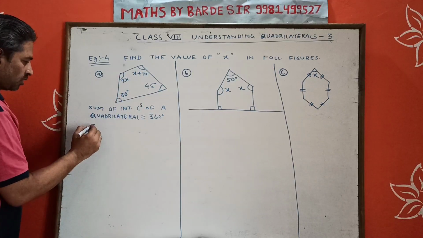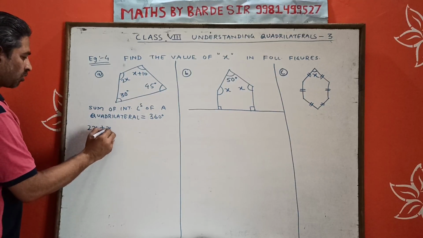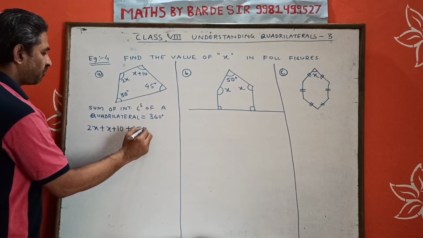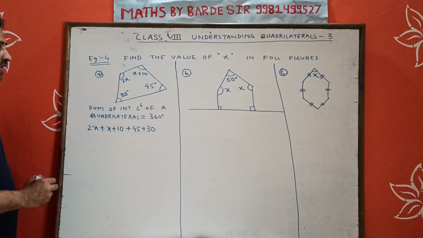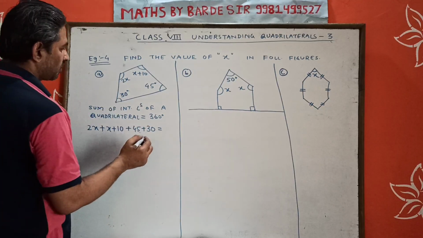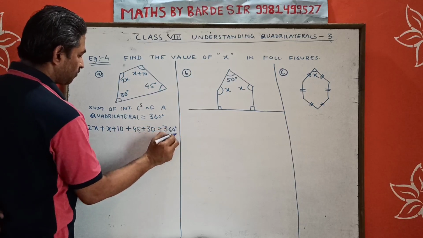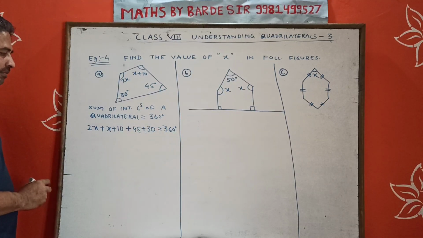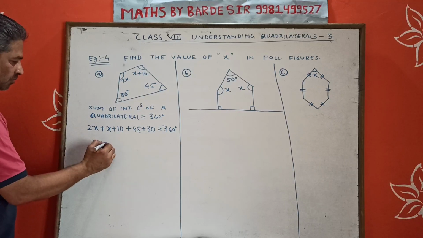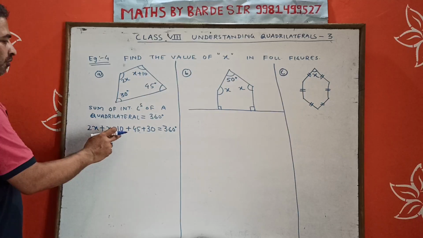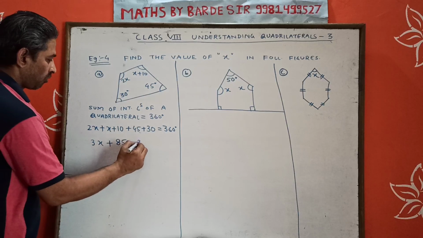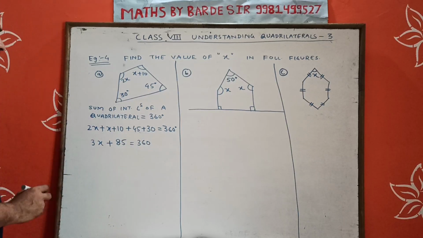Therefore, we'll get 2x plus x plus 10 plus 45 plus 30 is equal to 360 degree. 2x plus x, 3x plus 55 plus 30, 85, equal to 360.